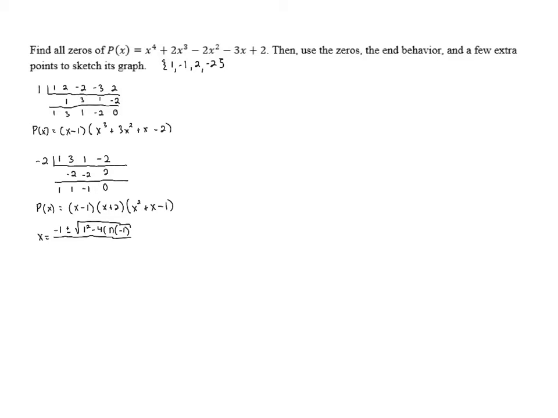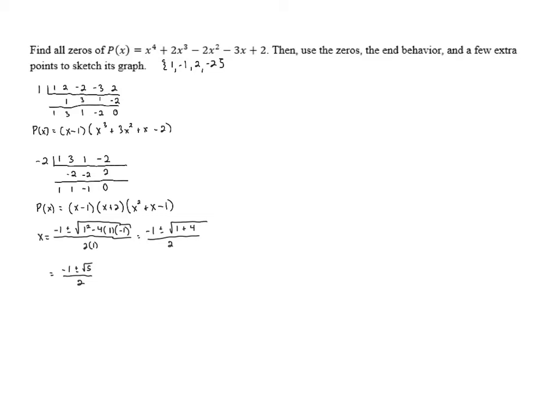This is a 1. All over 2 times a. So we're going to have -1 plus or minus the square root of 1 plus 4 in the end, all over 2. And so we've got -1 plus or minus the square root of 5 over 2.